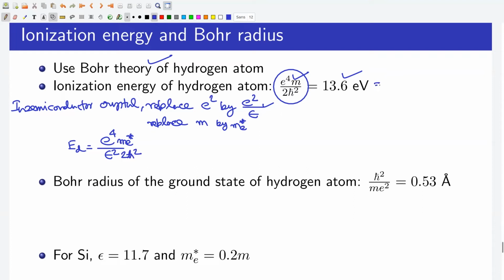Now this equation we can rewrite: e^4 by 2 h bar squared is equal to 13.6 divided by m. If we replace this term in this equation, then we get 13.6 divided by epsilon squared times me* by m.